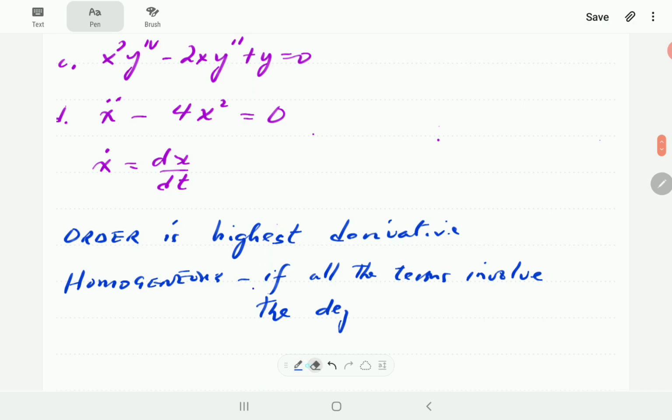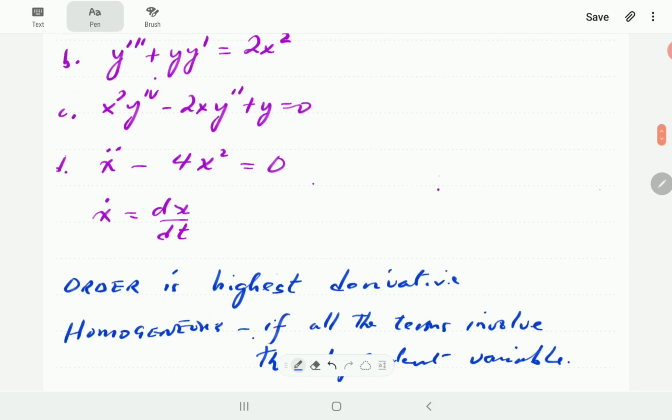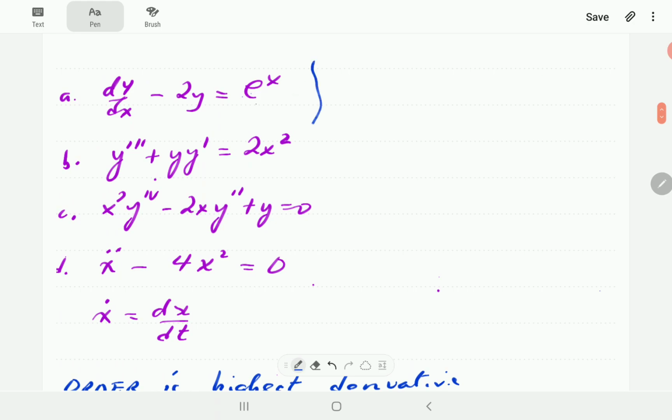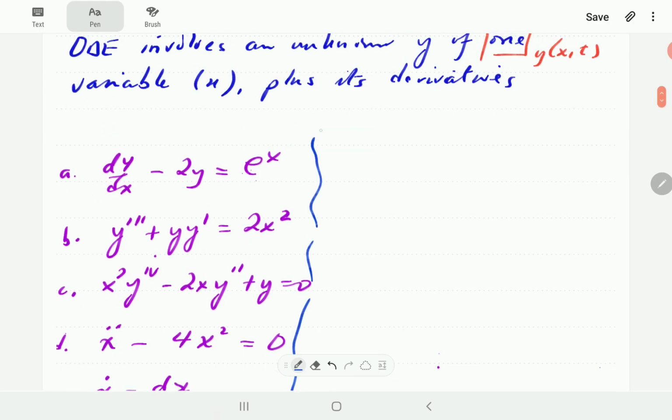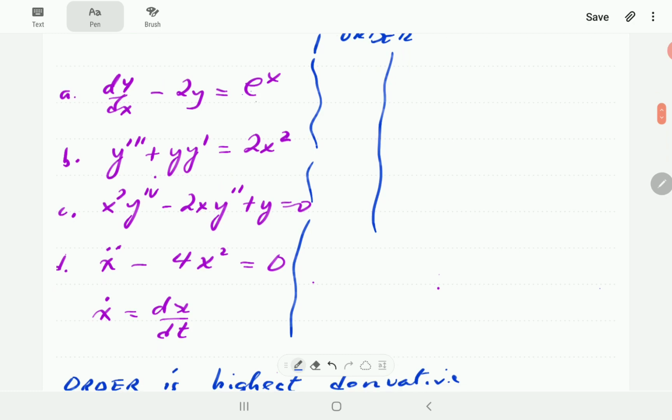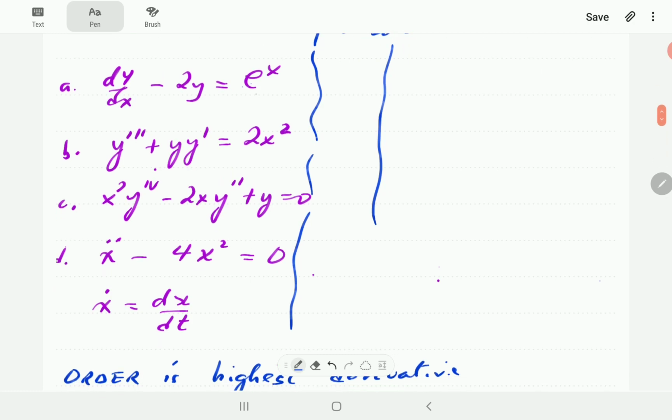So maybe let's just look at the examples we have above. Let's start with order. We're going to look at the orders of A, B, and C. We're saying the order is the highest derivative that appears in the ODE. For the first one, the highest derivative is 1.